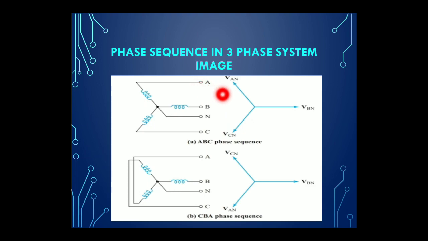So in sequence, that is VAN. Neutral is the common point, so VAN means the maximum voltage of the AN phase.